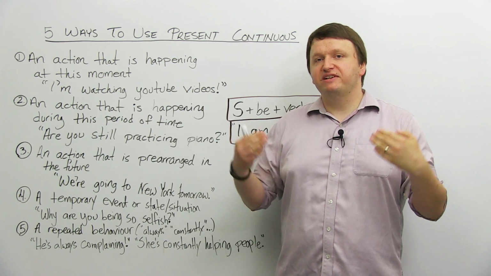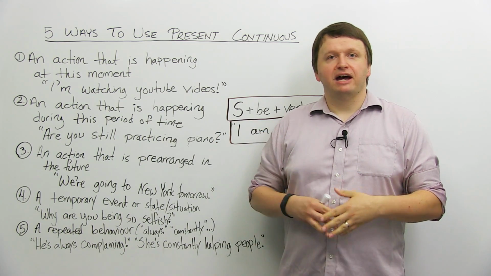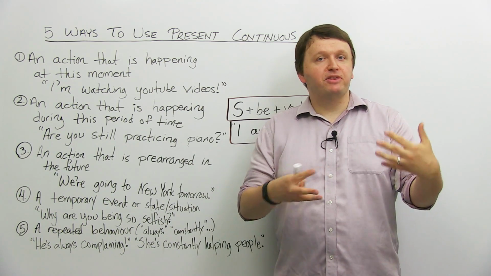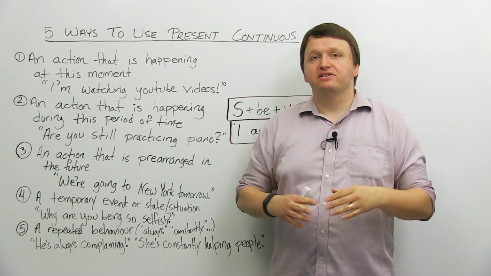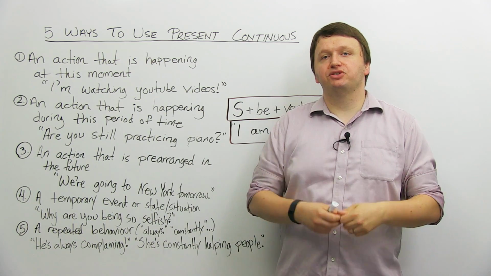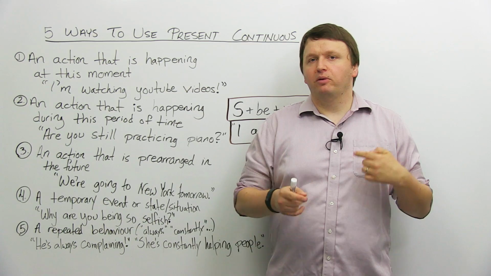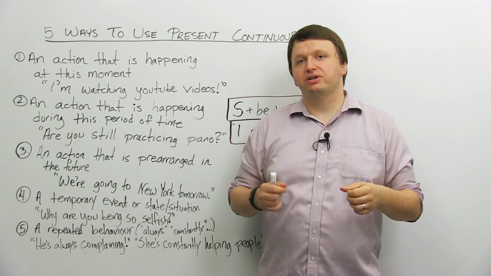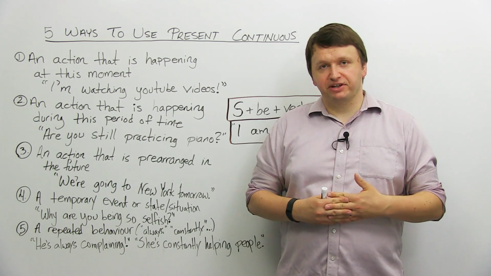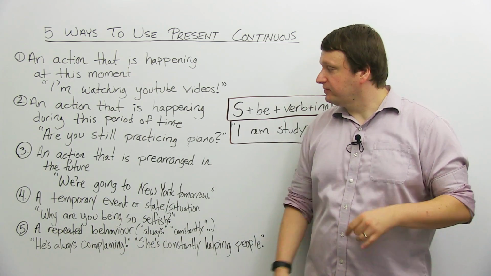My mom is visiting me this weekend. I'm seeing a movie tomorrow. I'm watching a play with my cousin. Okay? So anything where it's scheduled, it's prearranged, it's pre-planned, you're almost 100% sure it's going to happen in the future, you can also use the present continuous in this way.